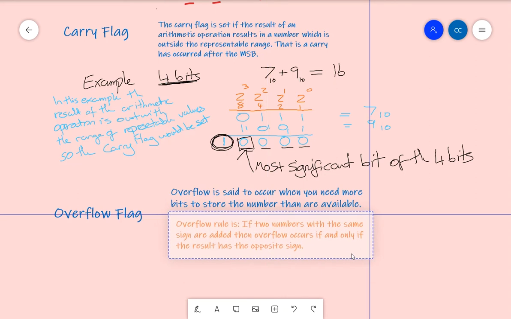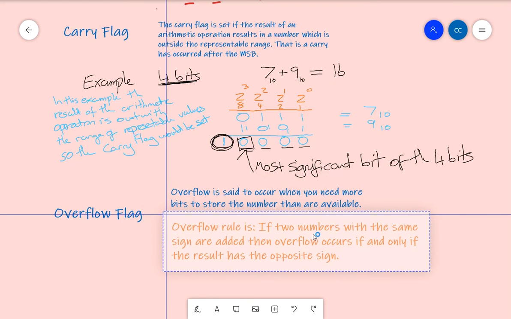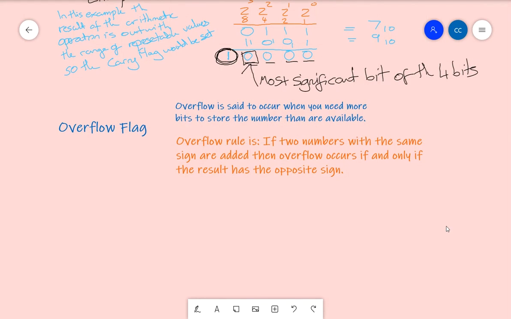So there is a slight difference between that, and I'm going to show you a couple of examples of calculations where you can see the carry flag is set but overflow hasn't occurred. Okay, so let's have a look at an example next.